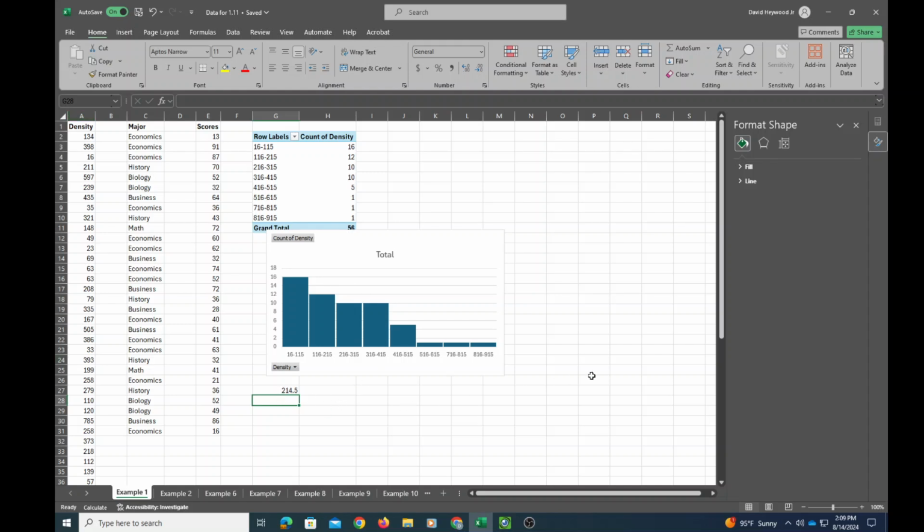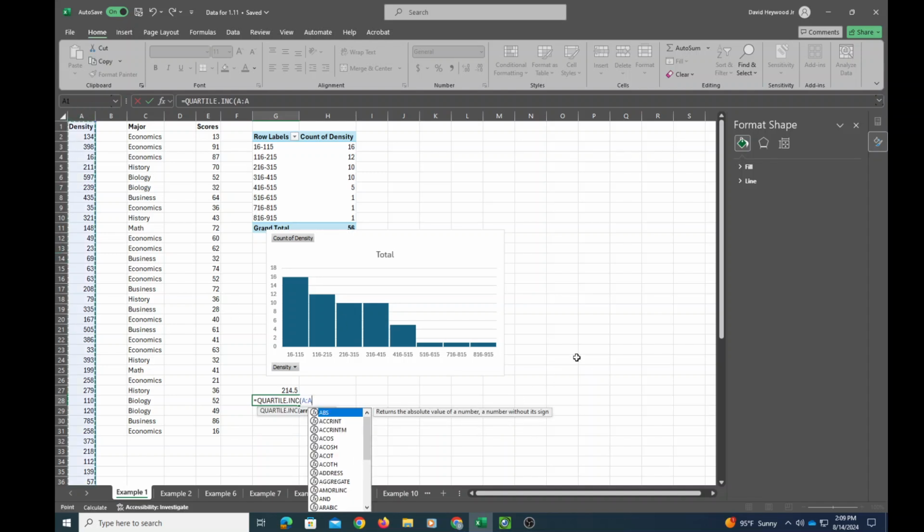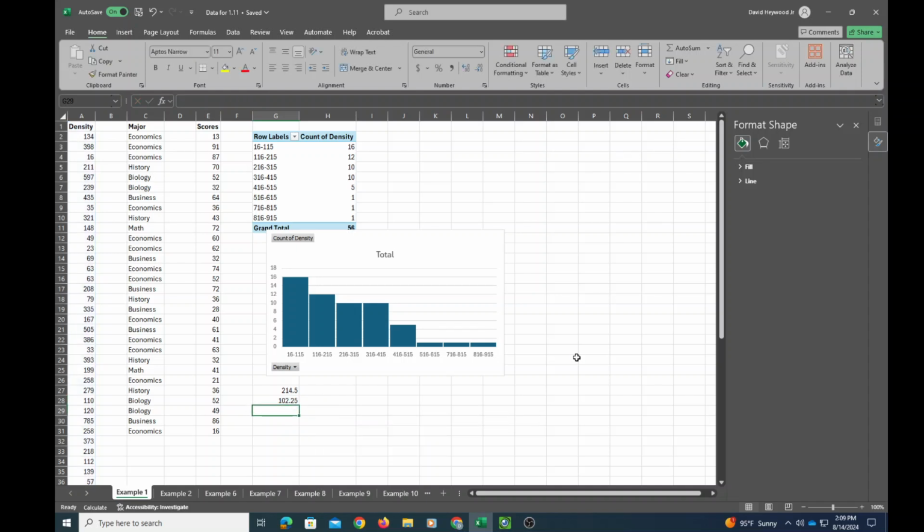For the first quartile, I'll say equals QUARTILE.INC, tab, select the data, and I want the first quartile, so I'm going to type in 1. And then I'd want to do the same thing for the third quartile. Select the data, comma 3 for the third quartile.